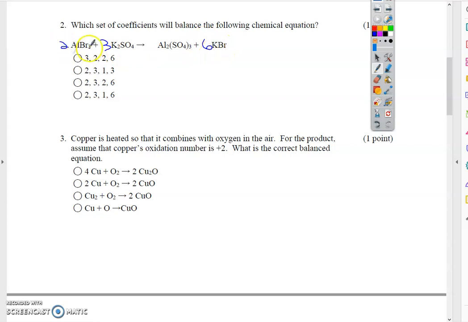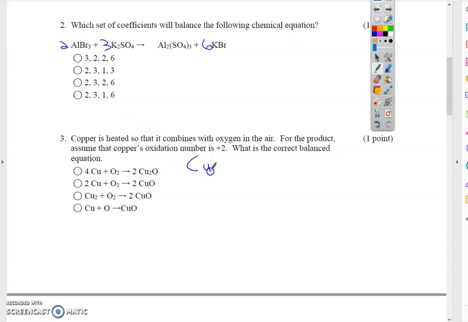So I could put a 2 here to give me 6 bromine, and then that takes care of the aluminum. So you can start with different elements. The only thing I usually caution you against is oxygen, it's usually oxygen that this happens with. If it shows up in a lot of different compounds, I would say leave that one till last and it'll just work itself out.